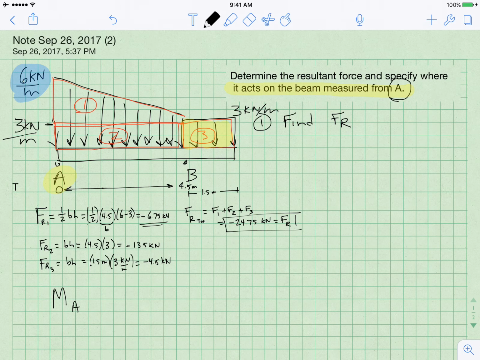All right, and I'm going to see if I can write this a little bit big. So the moment at A is going to equal resultant force FR1, which is minus 6.75. And then we have to think about what distance to put in here to find the moment from this 6.75 kilonewton force.